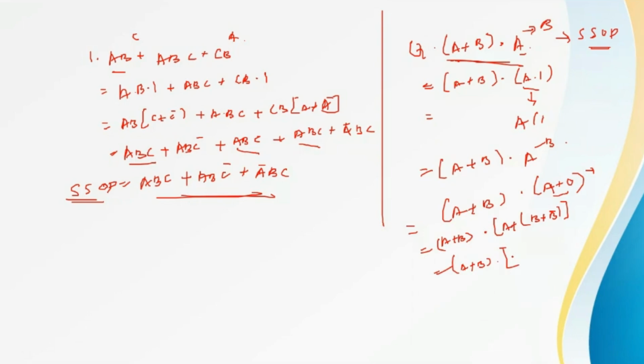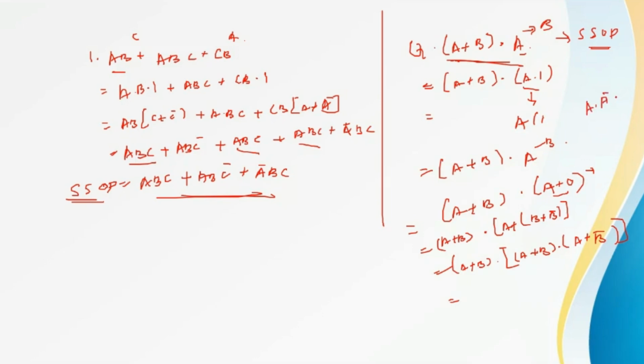If you apply the distributive law, what happens? It will become B bar. 0 we can write as B plus B bar, correct? How is 0 written as B plus B bar? We saw this, right?